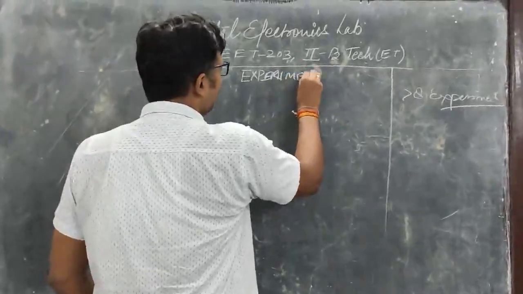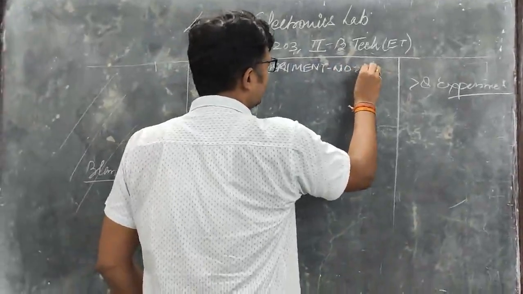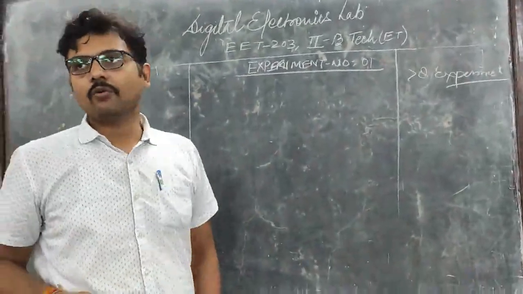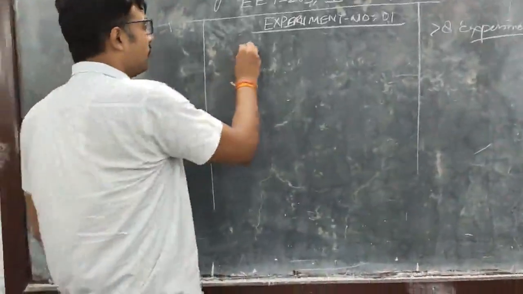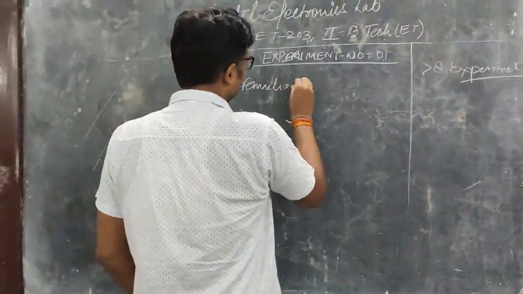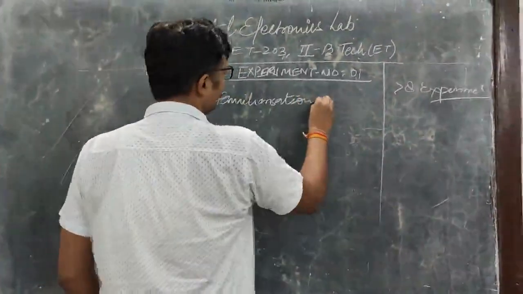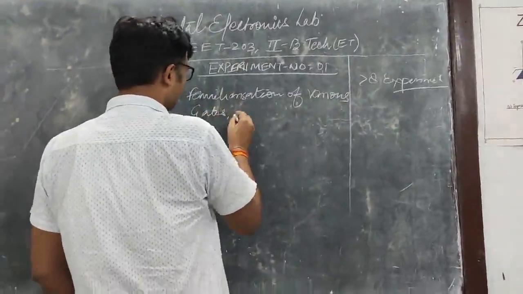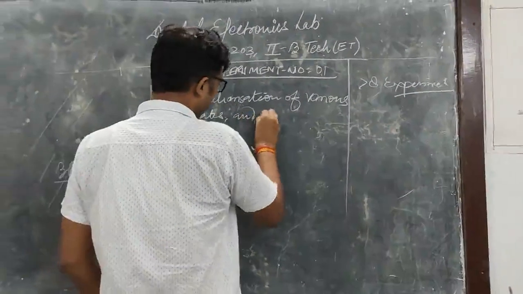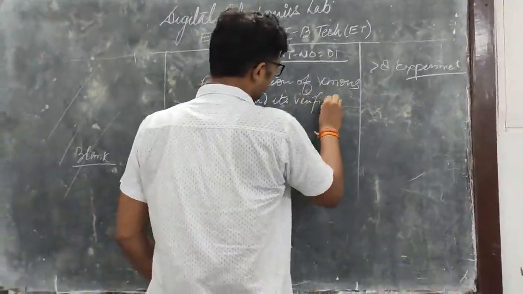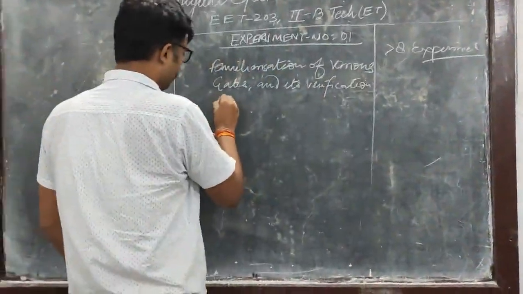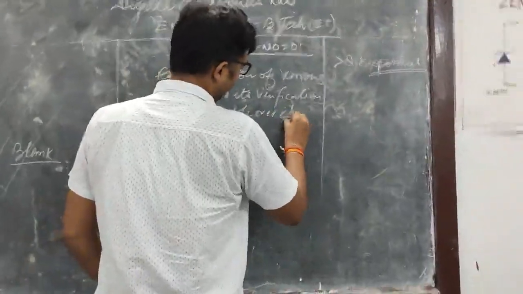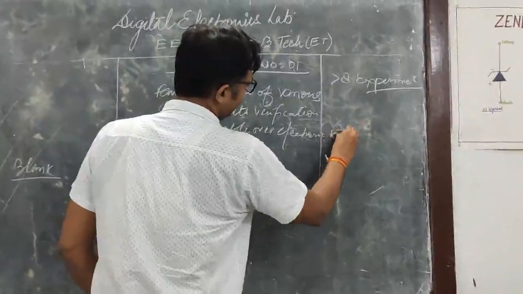Suppose this is experiment number 1, and in it you are going to do the familiarization of various gates and verification of truth tables on the electronic kit.